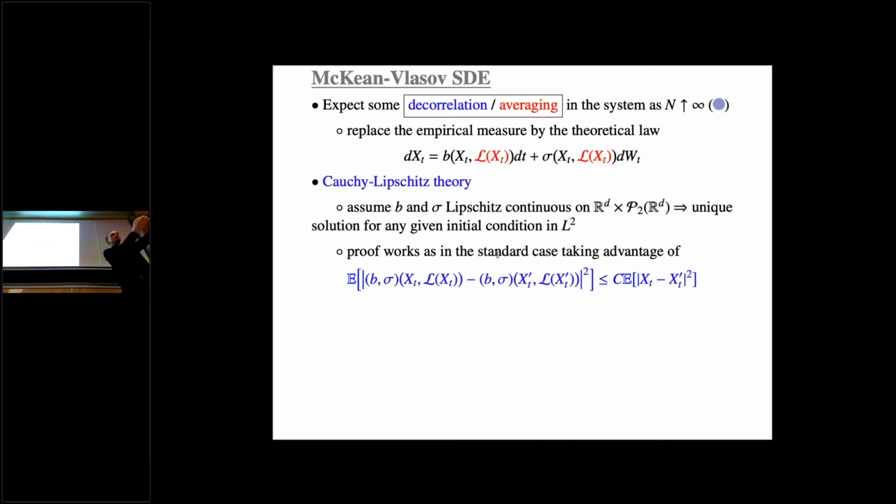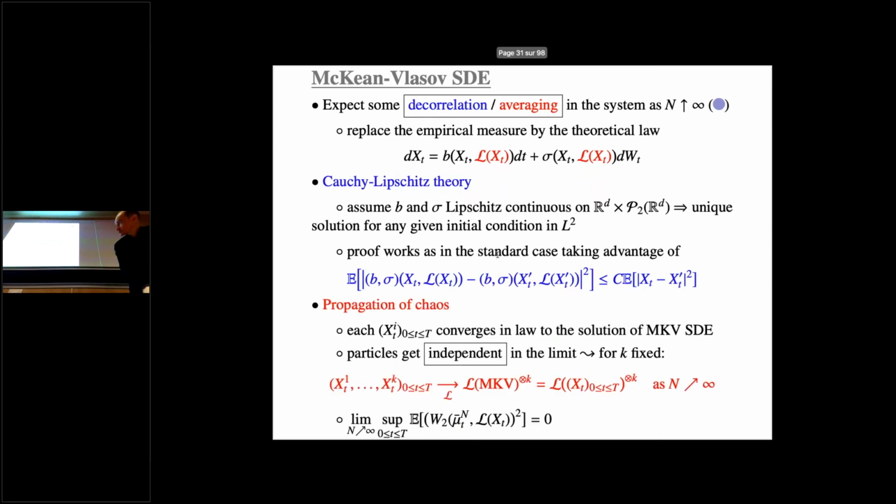Because you started from the particle system with independent initial conditions, independent noises, and you will see that asymptotically, when n tends to infinity, the particles are independent. So you propagated chaos from the initial conditions and the noises to the solution of the particle system when n tends to infinity. When n is finite, there are some correlations. But I told you that decorrelation occurs when n tends to infinity.